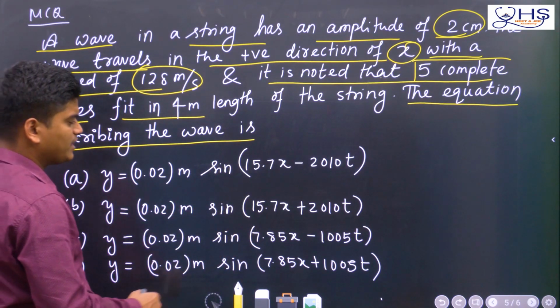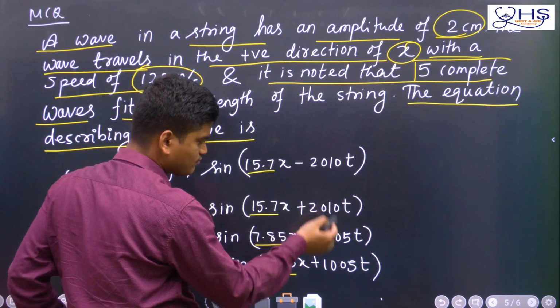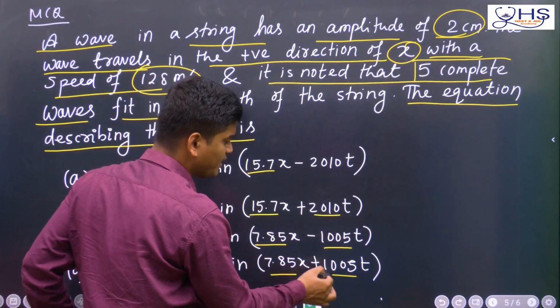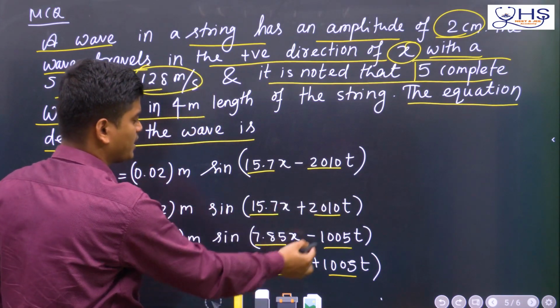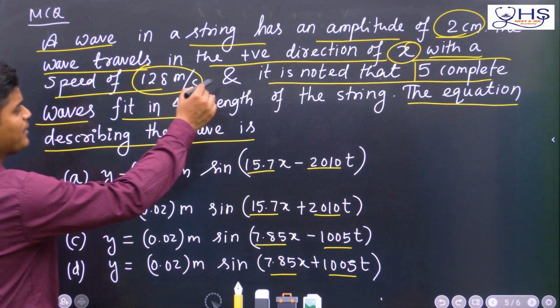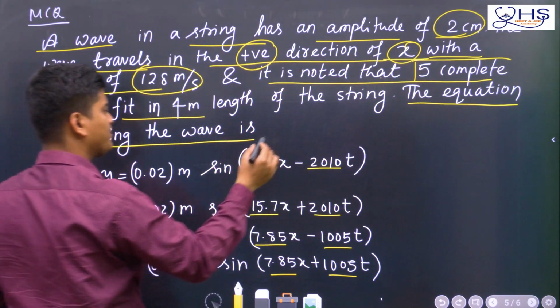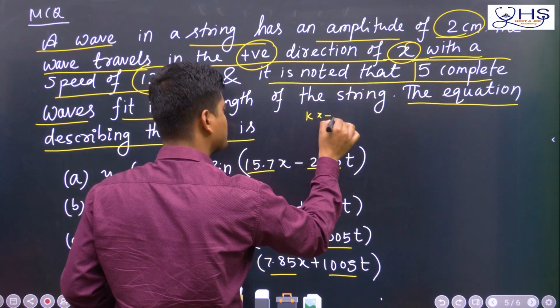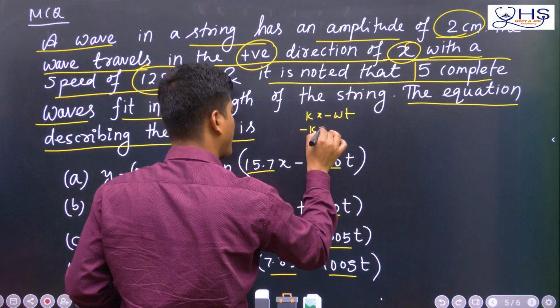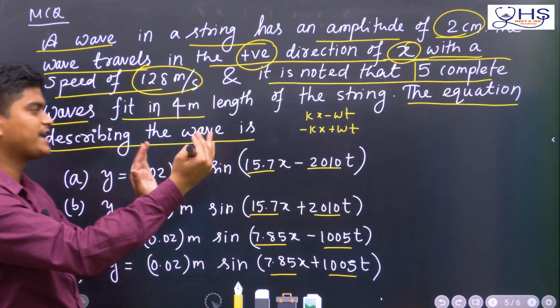Okay, now understand here. The coefficient of x and coefficient of t are different. Coefficient of x for these two options is same, for these two options different. But now they are telling the wave is traveling in which direction? First they are telling positive x. So positive x means either kx minus omega t or minus kx plus omega t. So this type of format should be there inside sine.